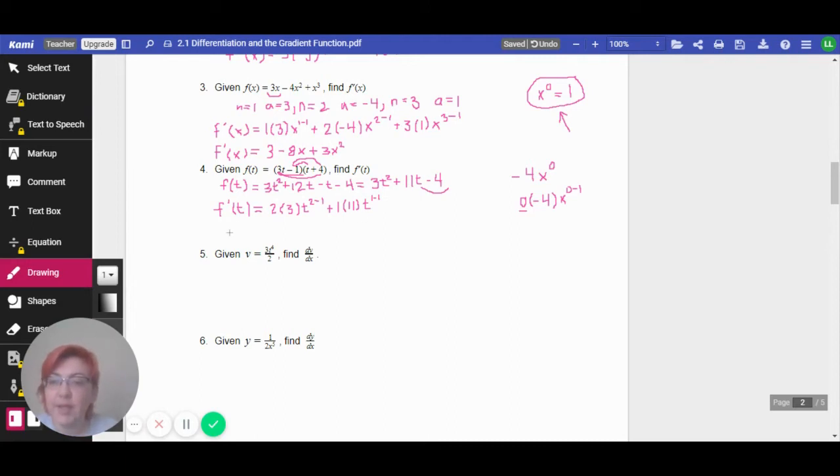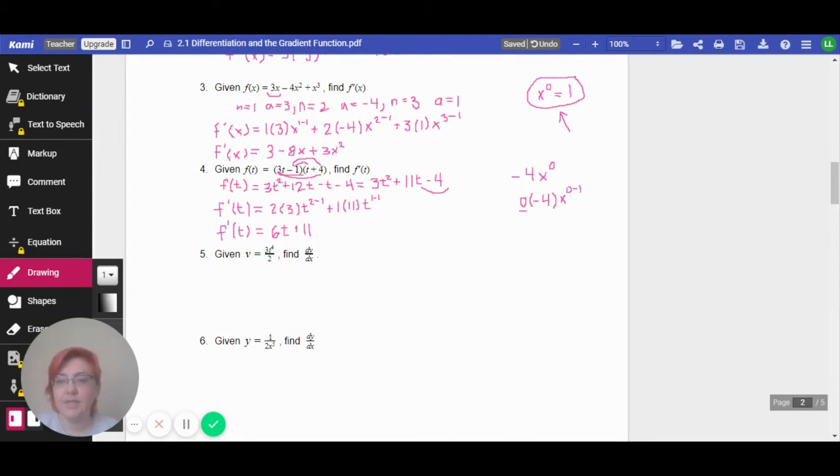All right, so simplifying this, f prime of t equals 6. 2 minus 1 is 1, so that's just t, plus 1 times 11 is 11, t to the 0 is 1, so my gradient function or derivative is 6t plus 11.